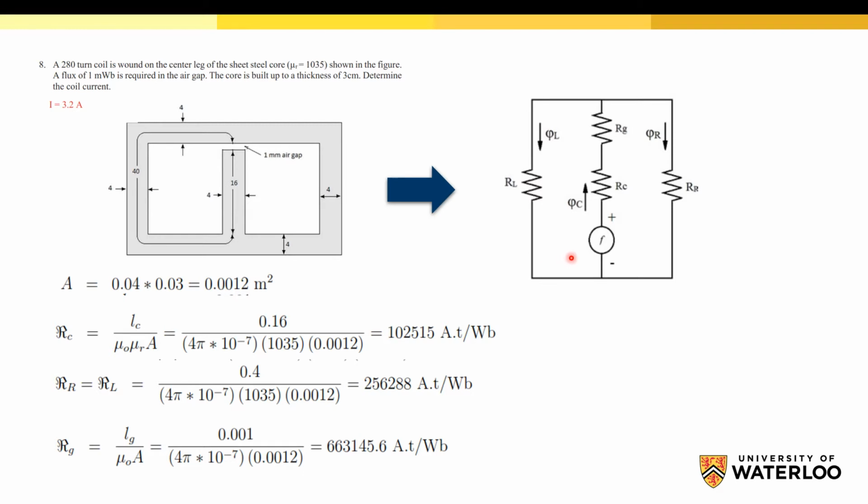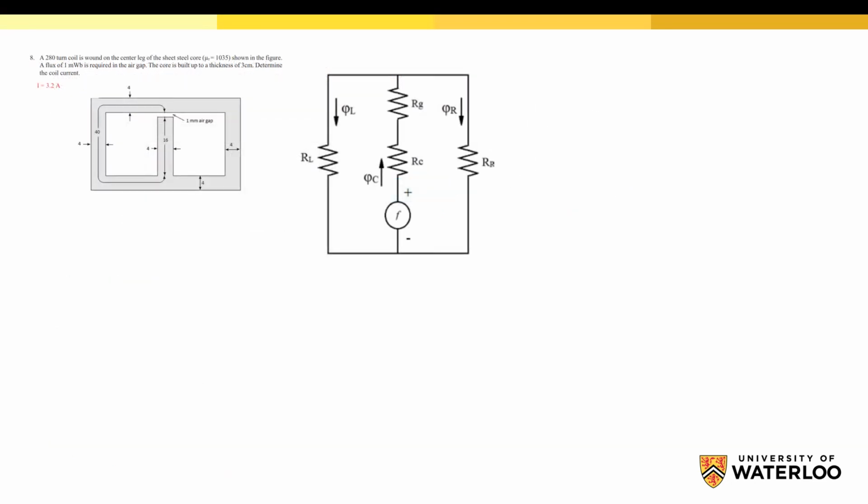If we can calculate the magnetomotive force, we can calculate the coil current, because the magnetomotive force is equal to N, which is the number of turns, times the current. We have N, and we can determine the coil current if we know the magnetomotive force.